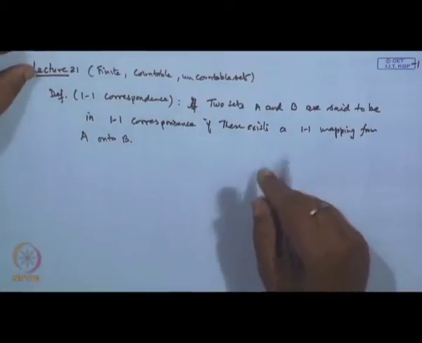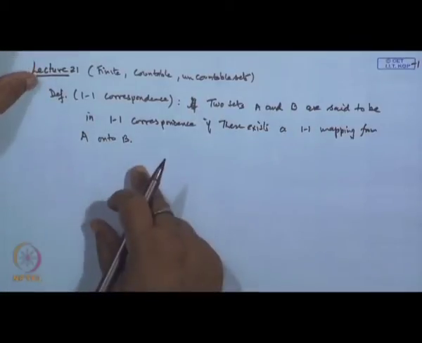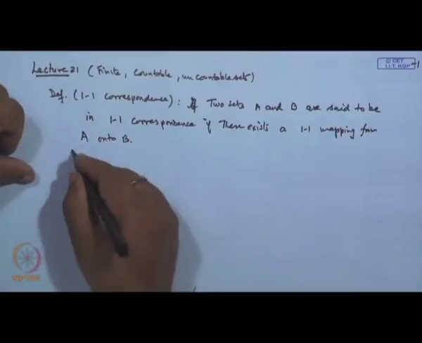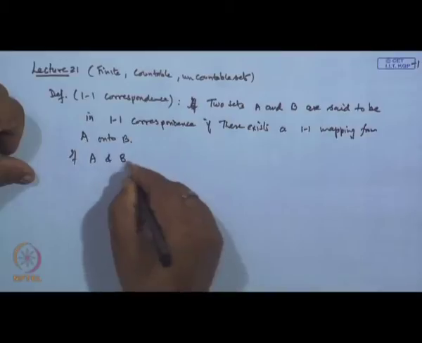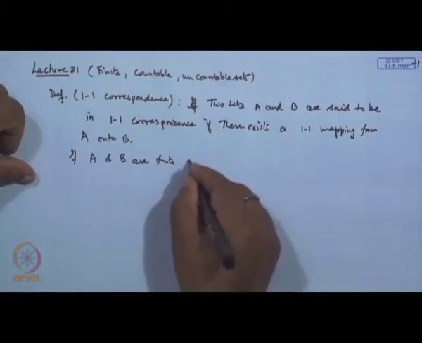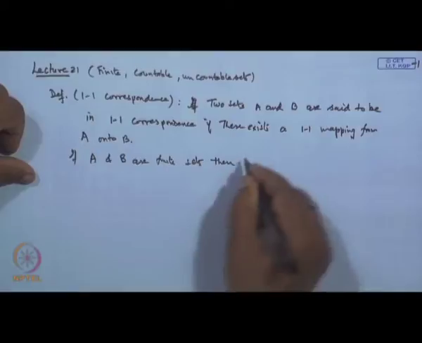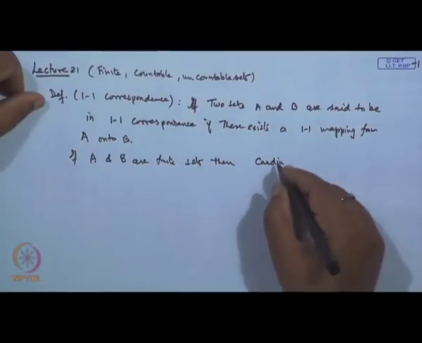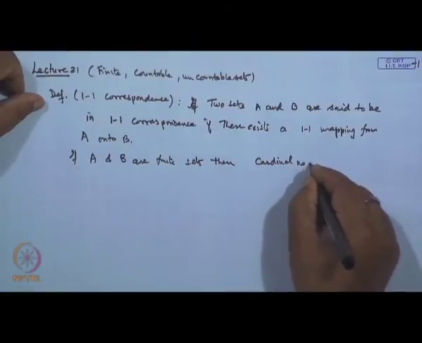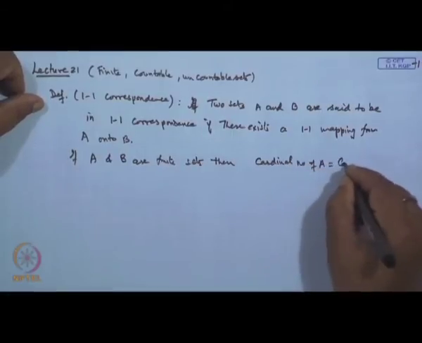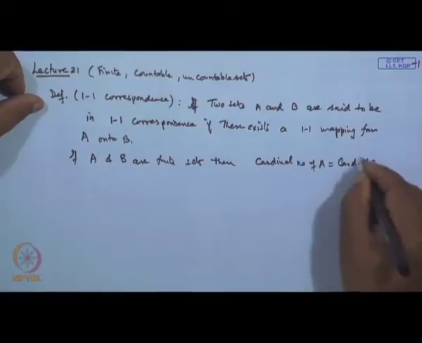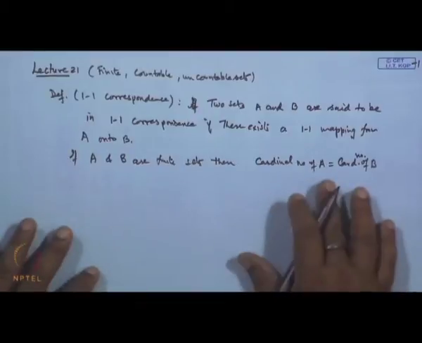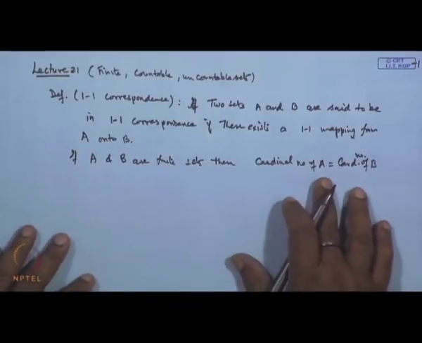And then if A and B are finite sets, then we say the cardinality or cardinal number of A is the same as the cardinal number of B. But if A is infinite, then there is no sense of talking about the number of elements in the set.